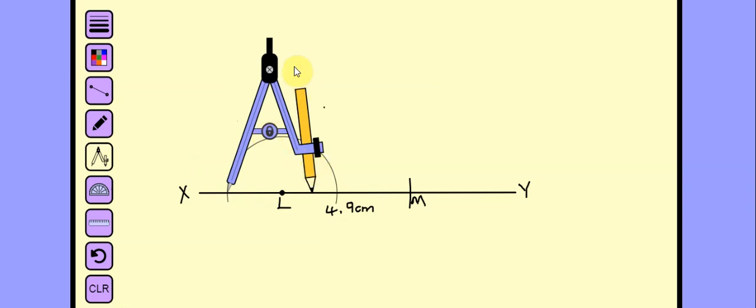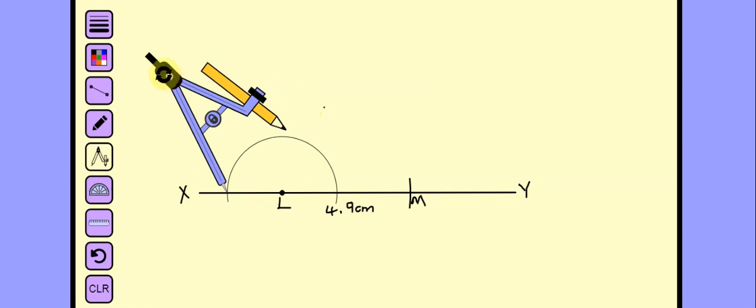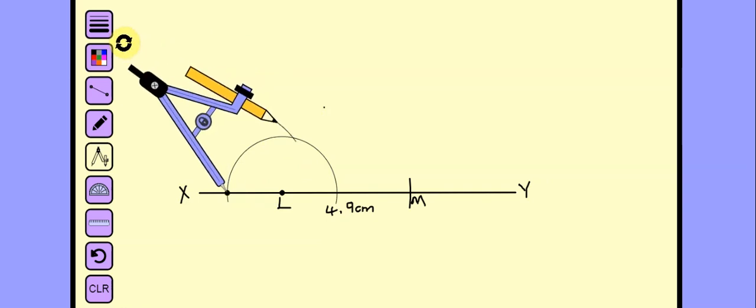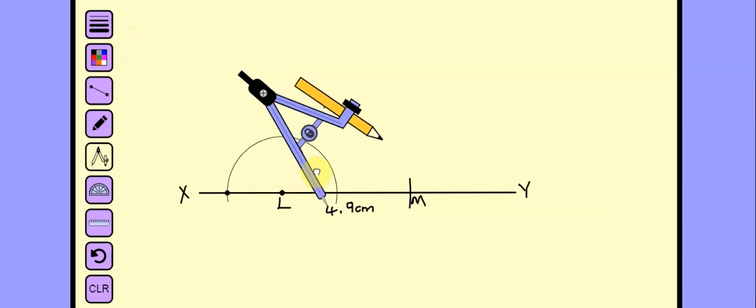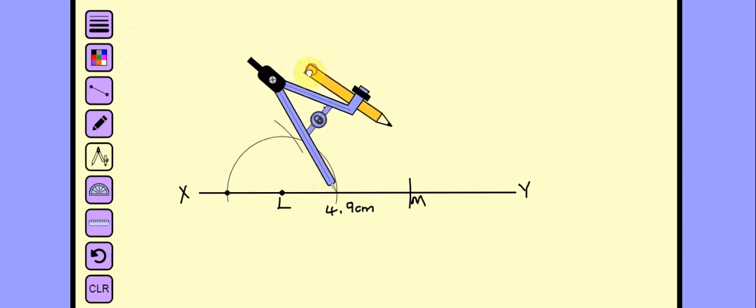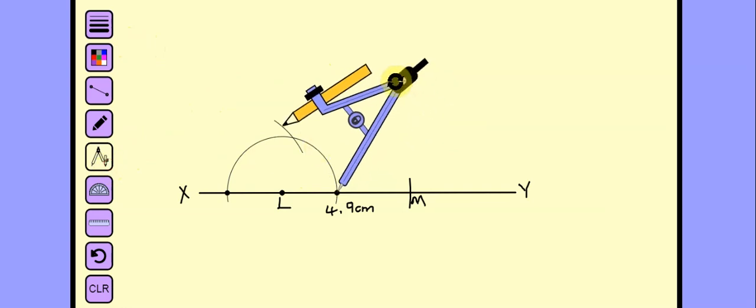And keeping our compass separation, we are first going to scribe an arc above L. Moving to the next point of intersection, we are going to scribe an arc to cut this previous arc.